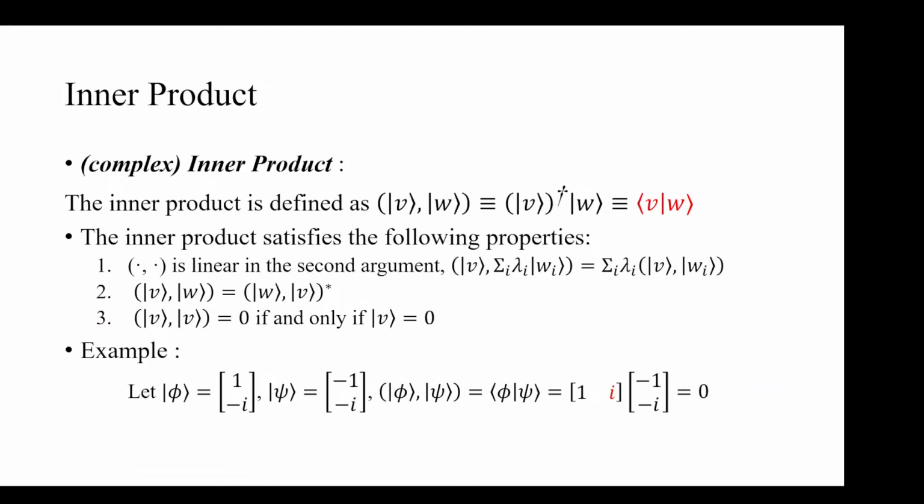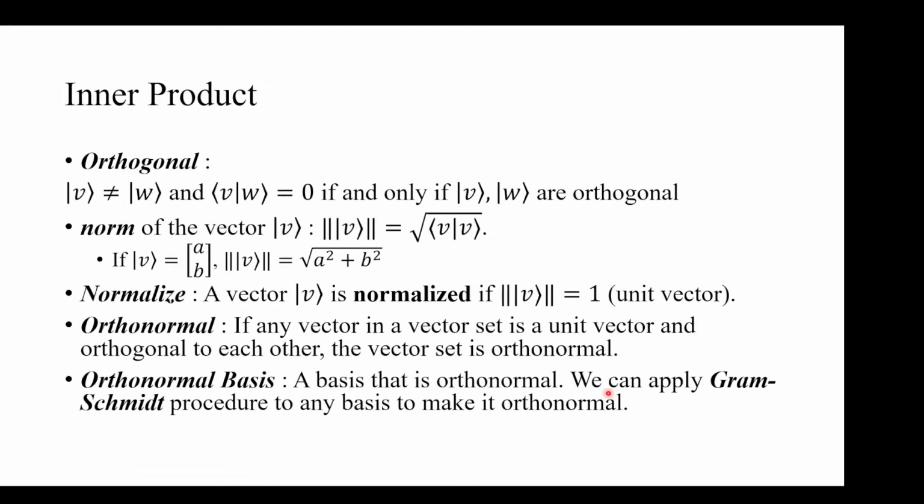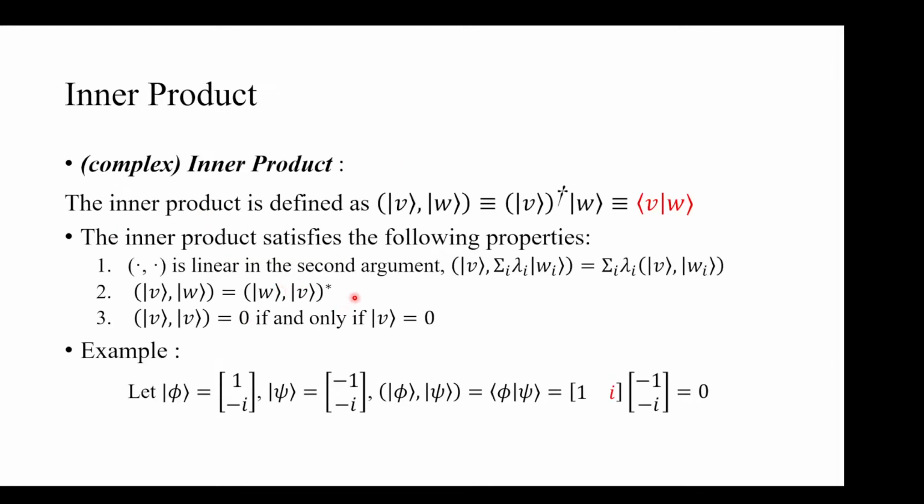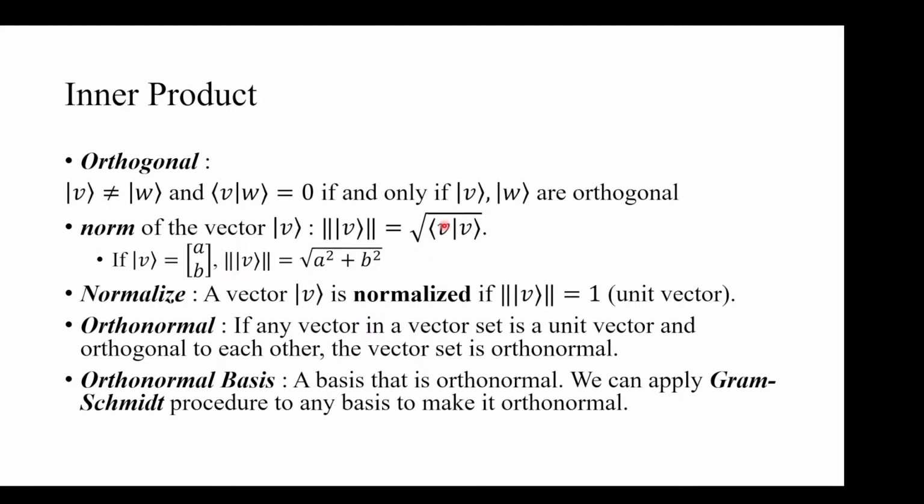Okay, and then we kind of see why we want to have the complex conjugation, because we want our complex inner product to define a norm of our vector. So we define the norm of our vector V as the square root of its inner product.